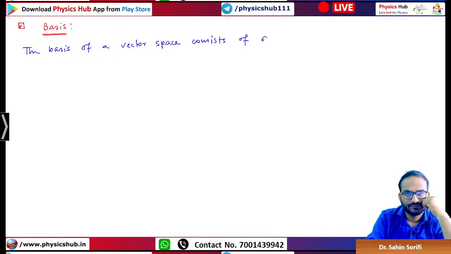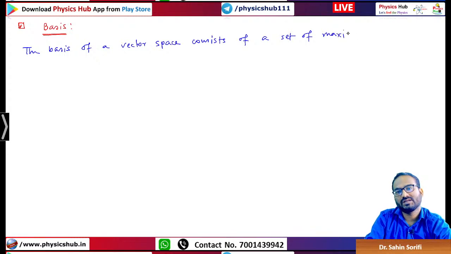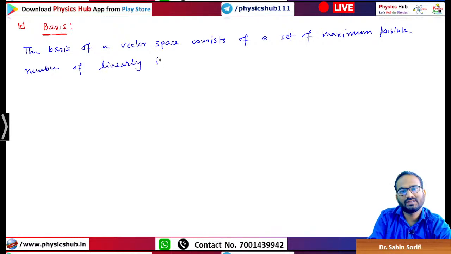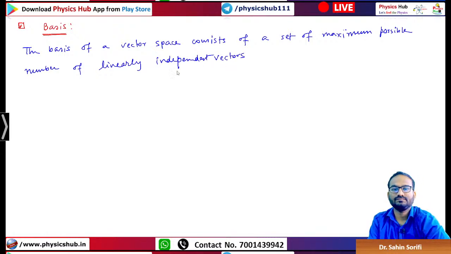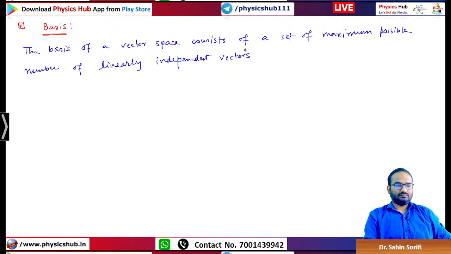Let's talk about basis. What is basis? The basis of a vector space consists of a set of maximum possible number of linearly independent vectors belonging to that space.